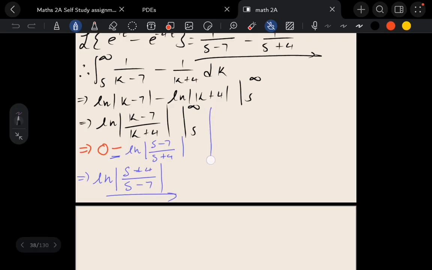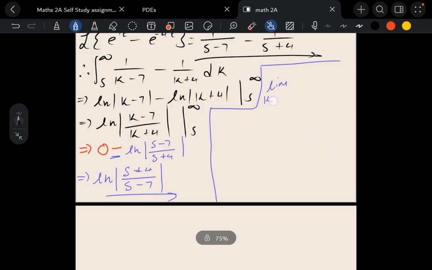Now you may ask why I am saying that the limit will become 0 if you substitute infinity. Let's just look at this. Let us find the limit as k approaches infinity of ln of k minus 7 over k plus 4. I want to give you an example of why it's always 0.